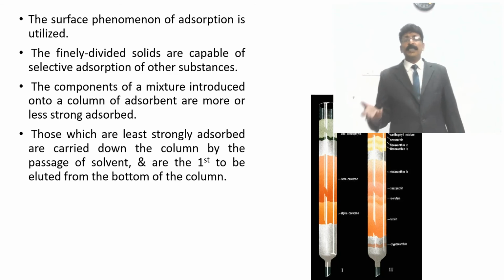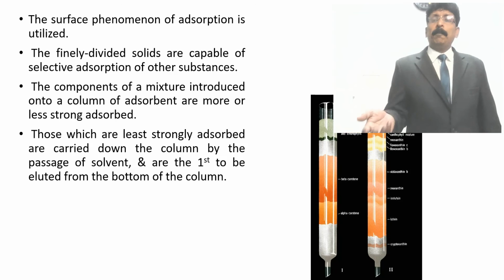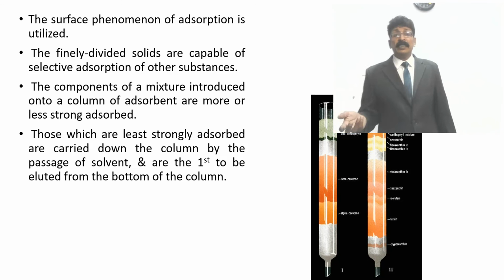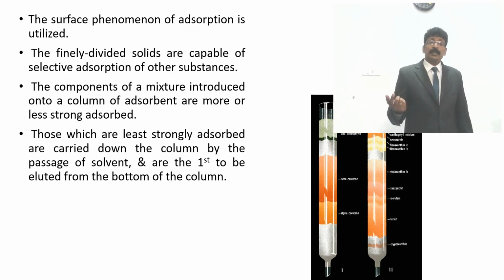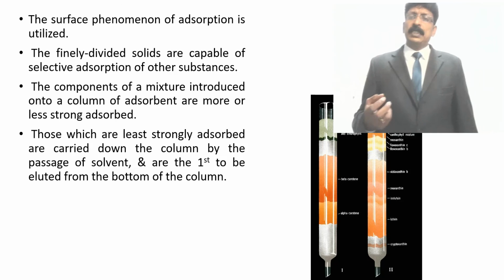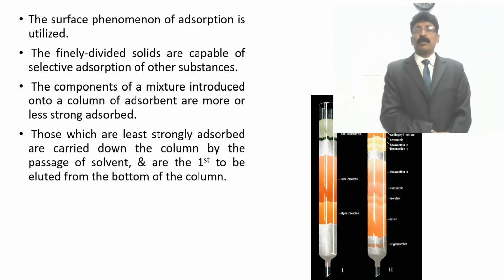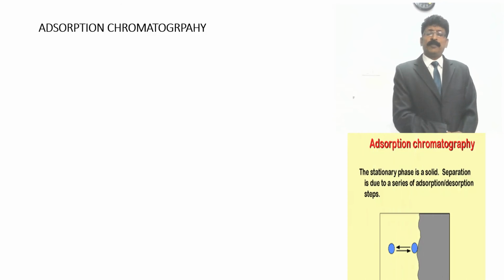Those which are least strongly adsorbed will be carried down the column faster by the passing solvent, and will be the first to elute from the bottom of the column. So there will be one which has no affinity at all towards the stationary phase. It will be eluted very fast from the bottom of the column. Understand? That is the explanation I have given for adsorption chromatography.